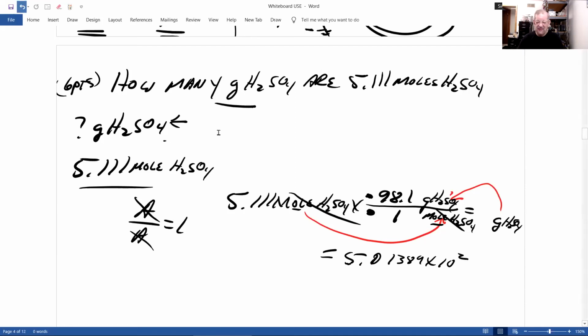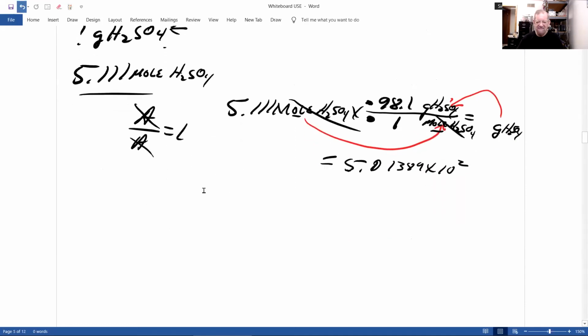And would that be the correct number? No, because this is 4 significant figures. This is 3 significant figures. And this is exact number, no role.